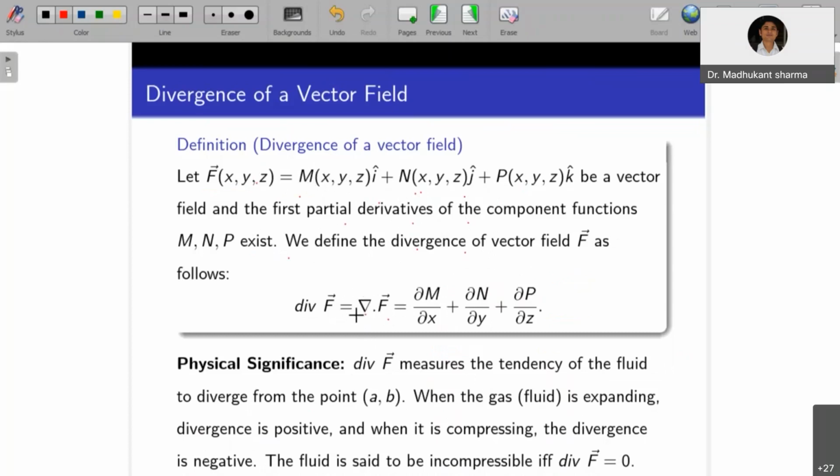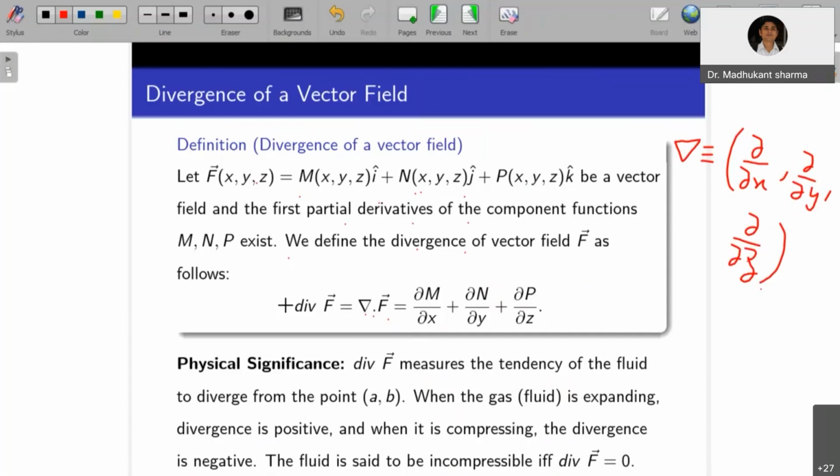I have already given you the introduction of this operator: the i component is dou by dou x, the j component is dou by dou y, and the k component is dou by dou z, dot product with F. Note that you cannot write del dot F as F dot del. You have to keep that in mind.